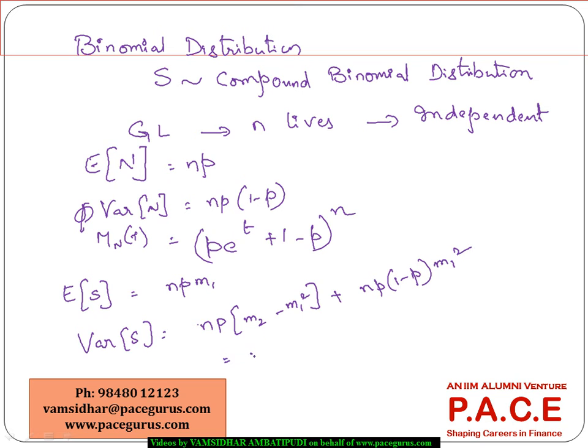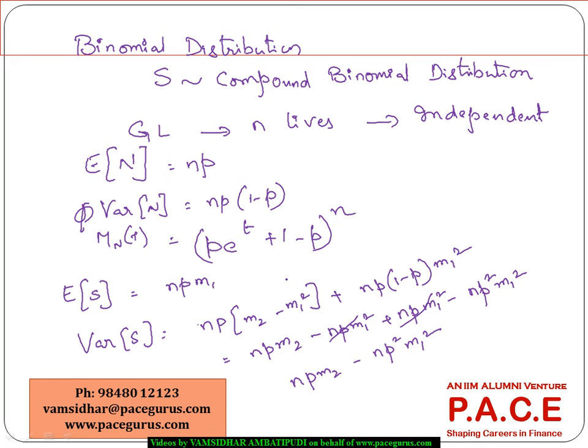So on simplification, it becomes npM2 minus npM1 squared plus npM1 squared minus np squared M1 squared. So this is going off. So it becomes npM2 minus np squared M1 squared. This becomes the variance of S.